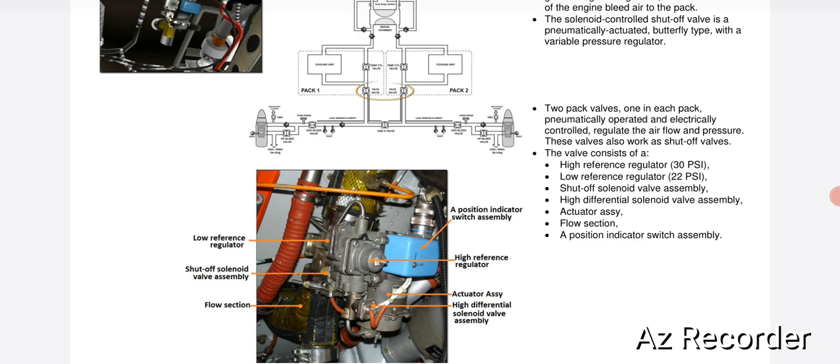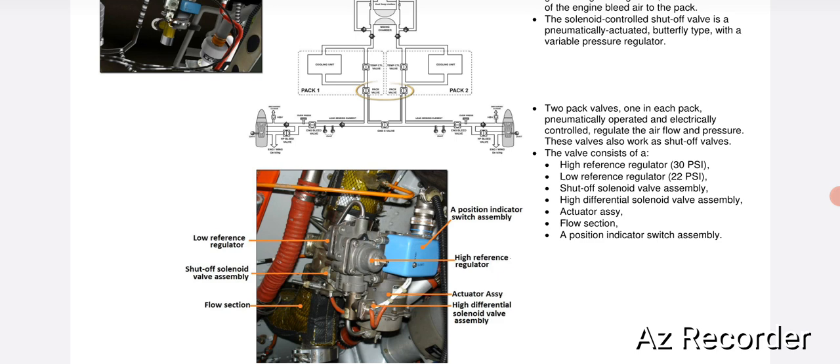Then the flow section, that is where the air from the engine bleed will be coming from. Then the position indicator switch assembly, as the fault light should illuminate if the position of the valve disagrees with the command we have given. So this position indicator switch will indicate whether the pack valve is open, that is agrees with our command, or closed, that is disagrees with our command.